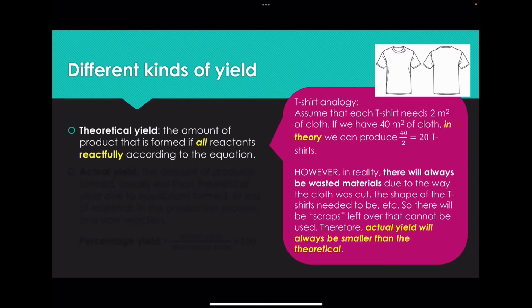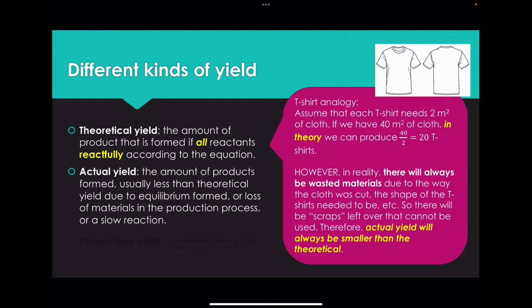However, in reality, there will always be wasted materials due to the way the cloth was cut, as well as the shape of the t-shirt that needed to be made. So there will be scraps left over that cannot be used. As a result, the actual yield, which is the actual amount of t-shirts that we could make from a 40-meter cloth, will be smaller than the theoretical prediction.